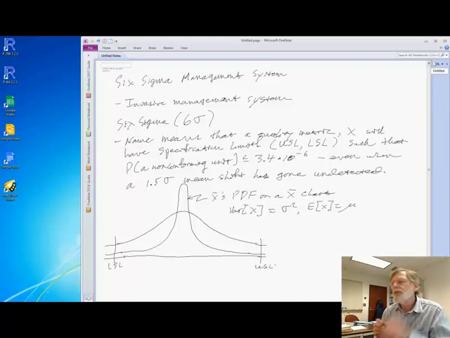Now the spec limits are not under the control of production. Six Sigma is all about the production activity. It's not about engineering. It's about actually making the device or providing the service that the firm is engaged in. But the spec limits come from the design of the machine or the design of the service.